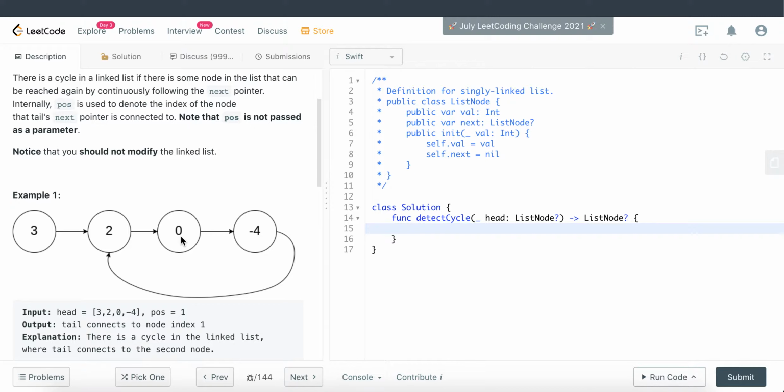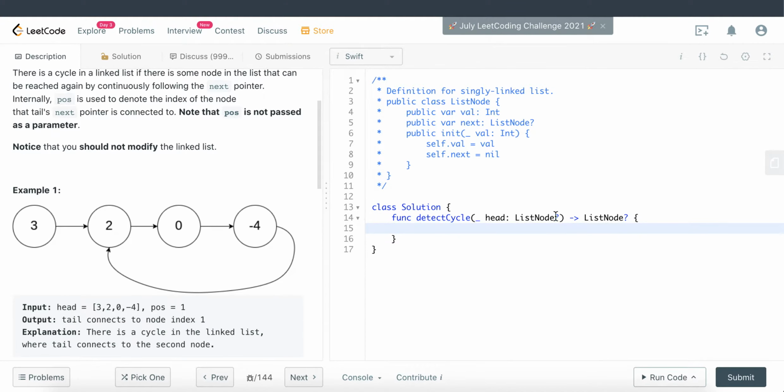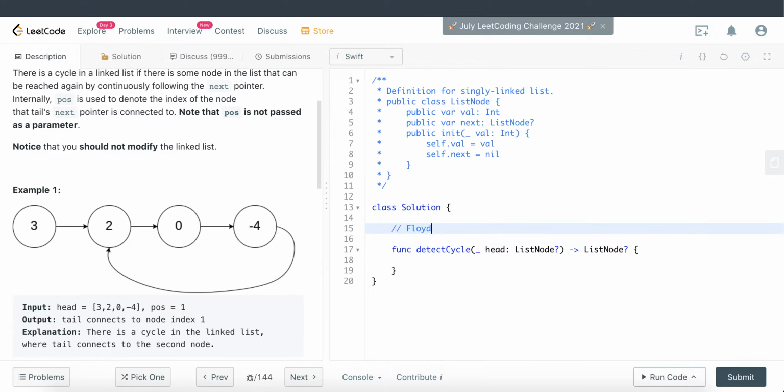Referring to the first video, the strategy that we used to solve the first question, Linked List Cycle part 1, is an algorithm called Floyd's cycle detection algorithm. Please feel free to check out some of the online resources out there. There are a lot of resources, some even with animation, to prove the math that this algorithm actually works. Just to recap, this Floyd cycle detection algorithm consists of two parts.